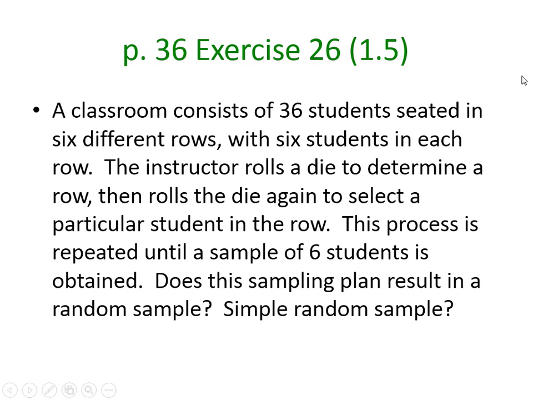So each group of 6 students stands the same chance of being picked. It could be that everybody in the first row gets picked, or it might be one person from each row. There's no set way of determining which group of 6 there is. Once somebody's selected, it doesn't change everybody else's chances.